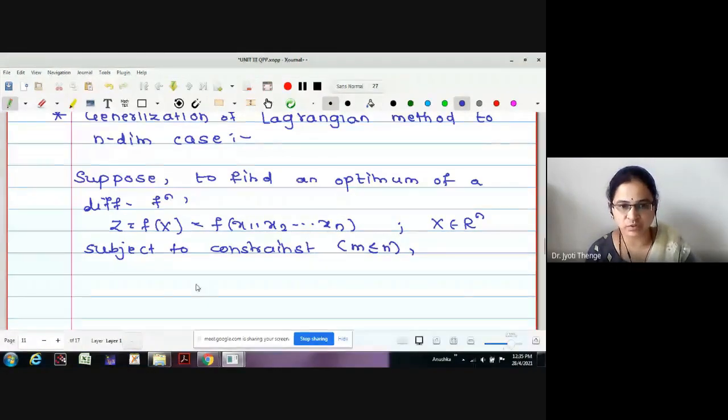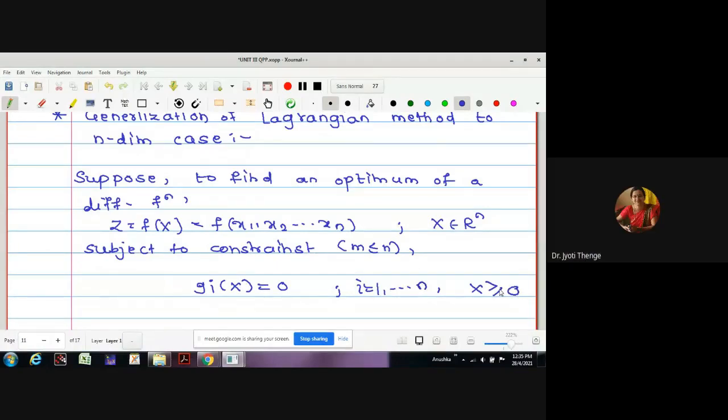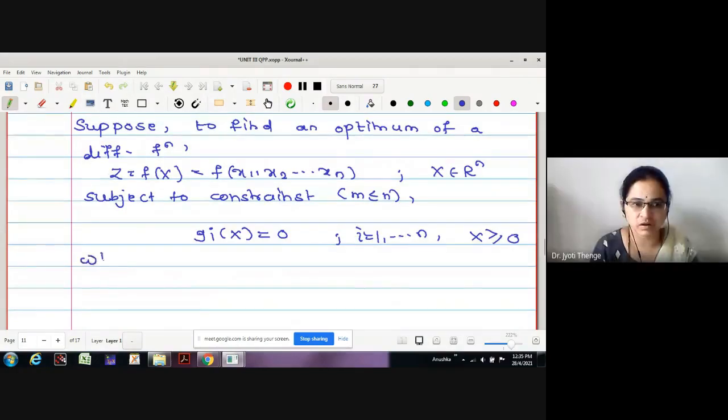What are the constraint equations? gi of X is equal to 0 for i equals 1 to m, and X is greater than or equal to 0. Therefore, here the constraints are in the form of equations, no doubt. Right? Where all these functions gi are also differentiable.